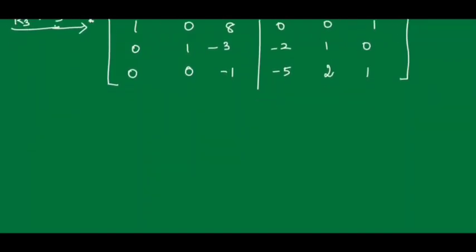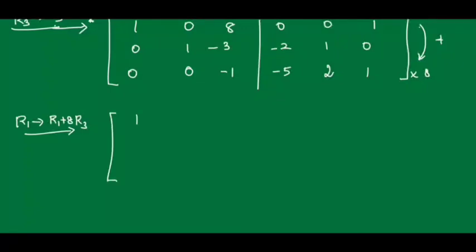The next transformation: we are going to change R1 to R1 plus 8 times R3. This element is 8, this element is minus 1. So we are going to multiply the last row with 8 and then add R1 and R3 here.